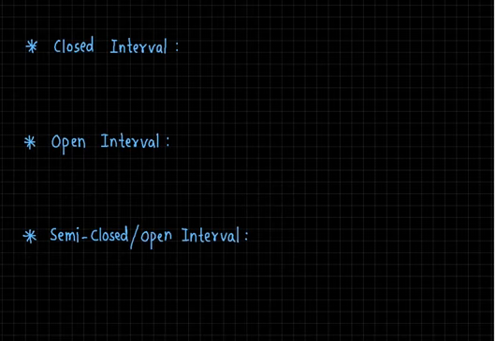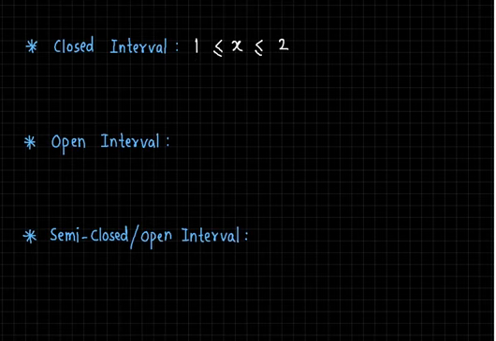Okay. For example, consider the case where x lies between two numbers, say 1 and 2. Okay, this is called a closed interval. That means x lies between two values including those values also.